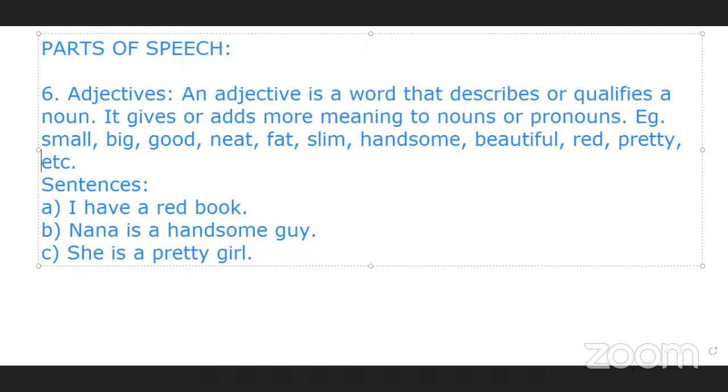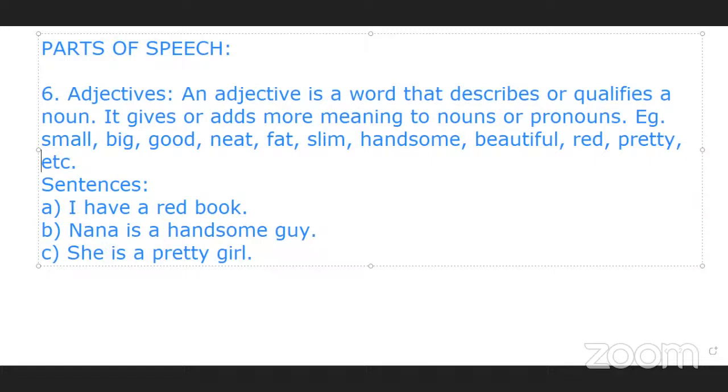Nana. Okay, Nana. But then look again. We said Nana is a what? A handsome guy. So you can see that the guy is referring to Nana, right? So the handsome is qualifying the guy, which also refers to Nana.